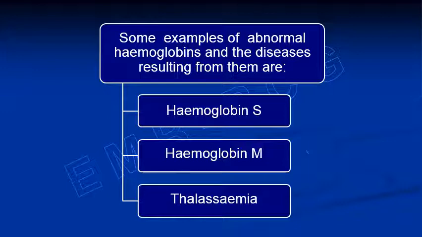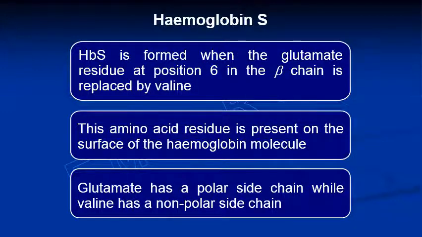The first one, hemoglobin S. This hemoglobin S will be formed when the glutamate residue at position 6 in the beta chain is replaced by valine.